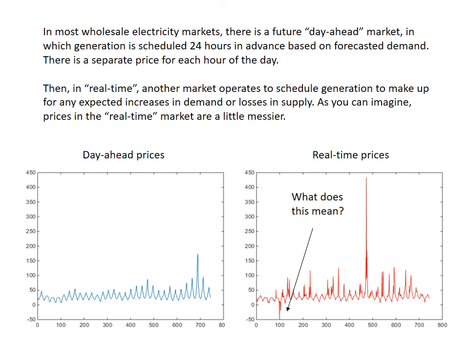So if in a peak hour of the day the day-ahead price is really high, that's because it's relying on a more expensive power plant. And in real time, even if you had a need for a very small amount of electricity, that demand would be met usually by that same power plant that's setting the market clearing price in the day-ahead market.